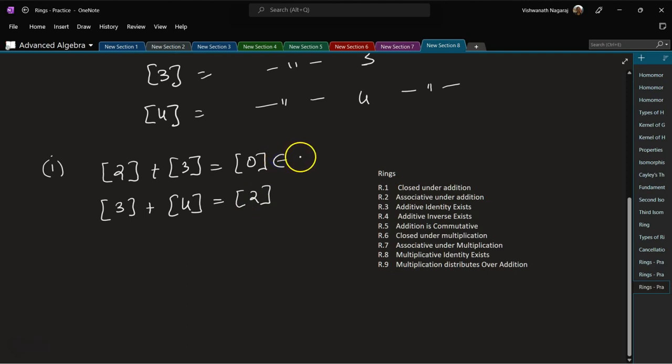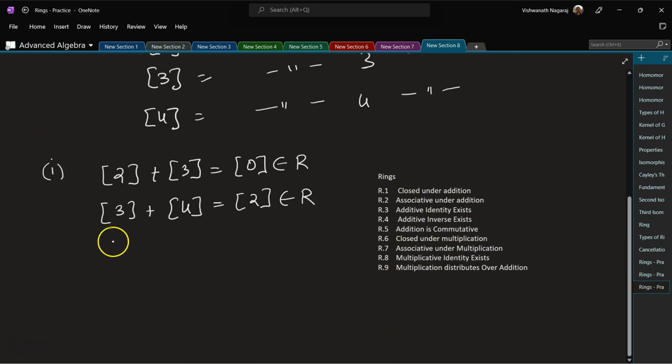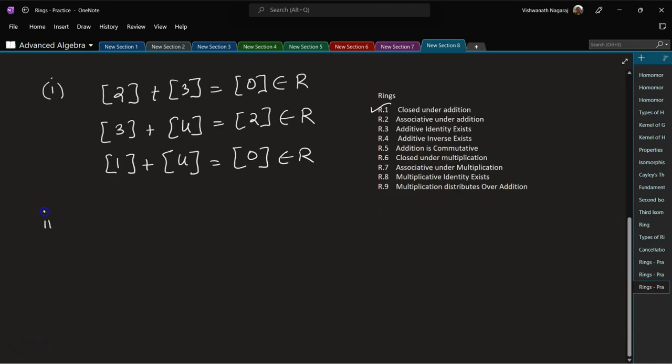And this belongs to R. This belongs to R. So let us say this entire thing is R. Similarly, you can try out some values or you can keep it general, x plus n minus x is equal to 0, which also belongs to R. So it is closed under addition. So now let's look at the second one, associative under addition.